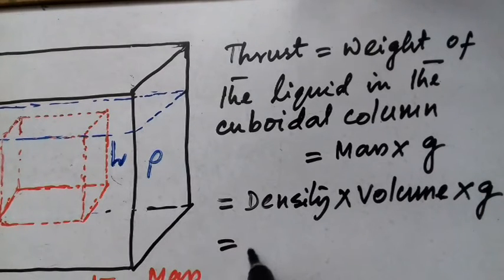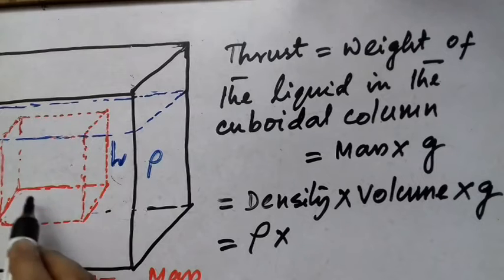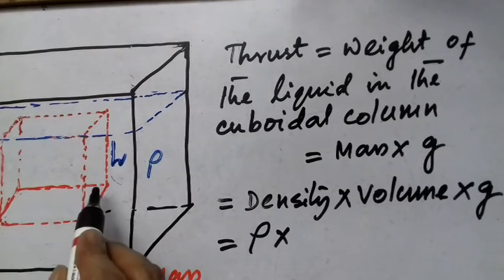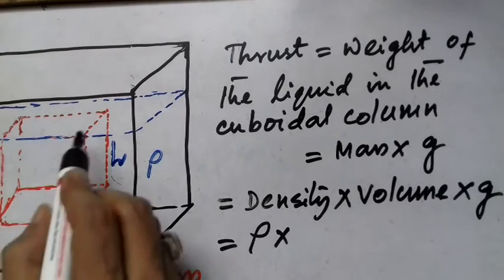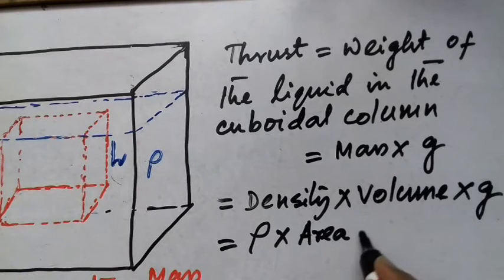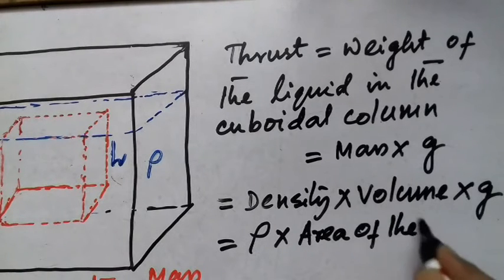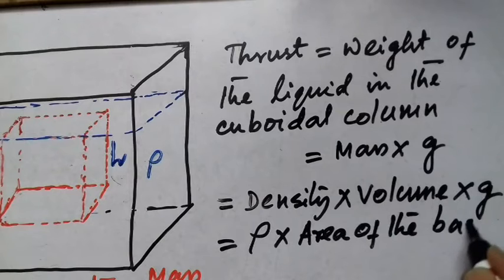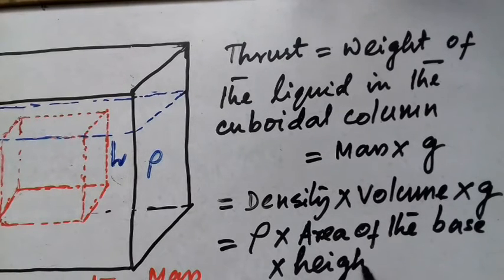Density we have assumed rho, and volume is the base of this rectangular surface multiplied by height. So area of the base multiplied by height multiplied by this g.